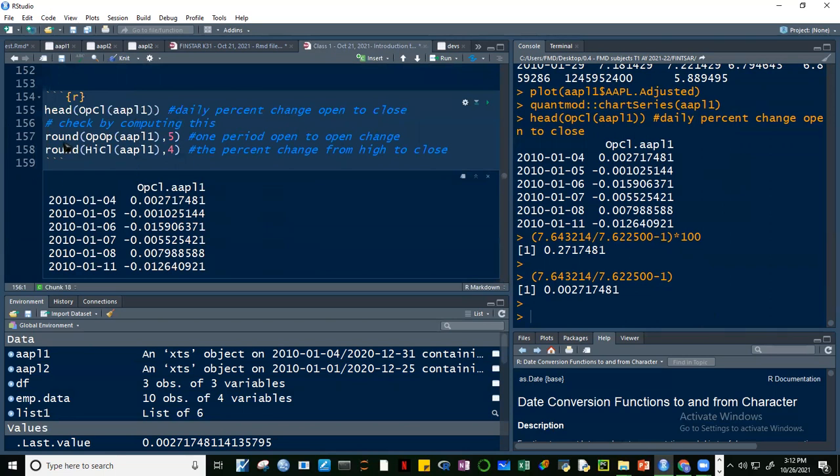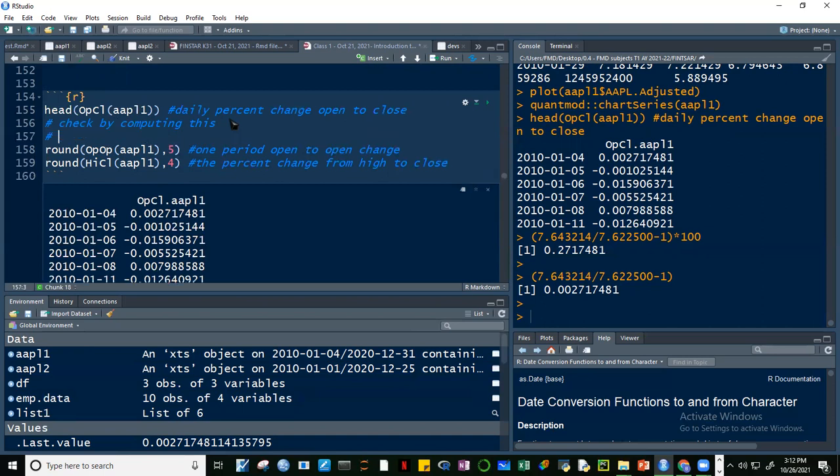On the other hand, the Op will give us the changes as far as the opening of the current date as compared to the opening of the previous date. Okay, so let's first run this. Okay, I'm going to insert something here.